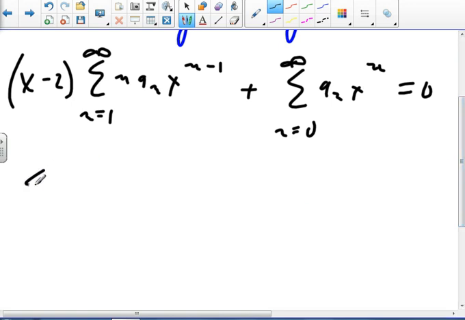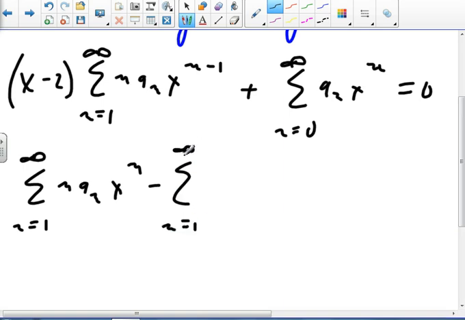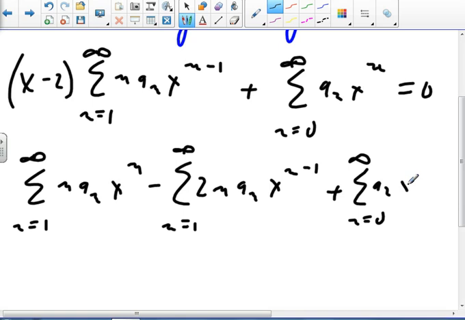Okay, I've got summation n equal 1 to infinity n a n x to the n minus summation n equal 1 to infinity 2 n a n x to the n minus 1 plus summation n equals 0 to infinity a n x to the n equals 0.